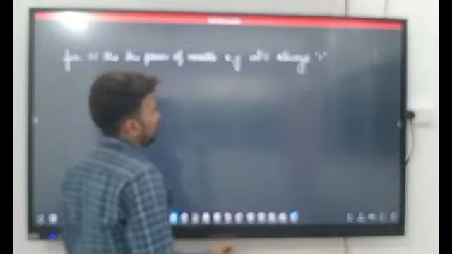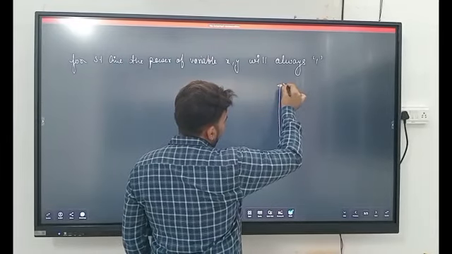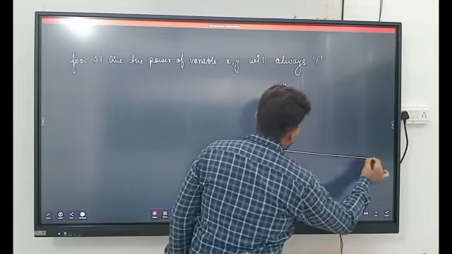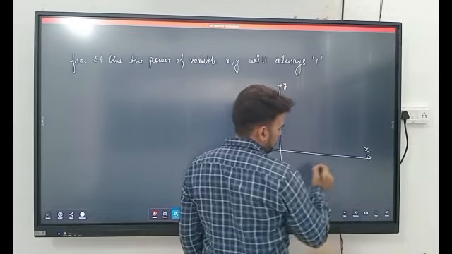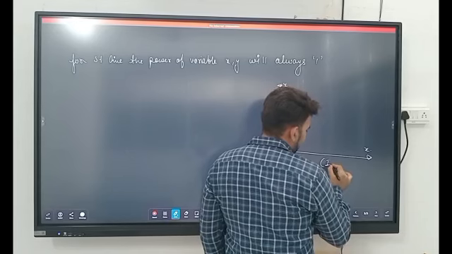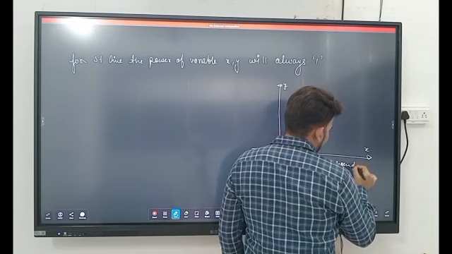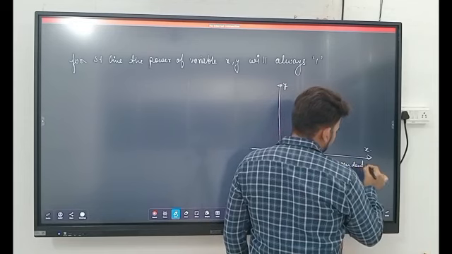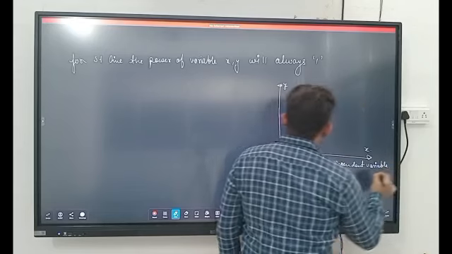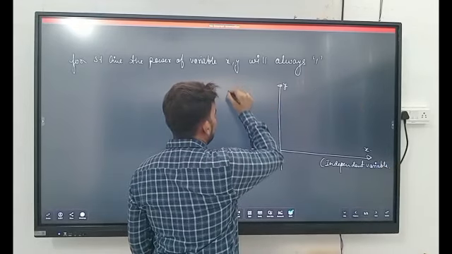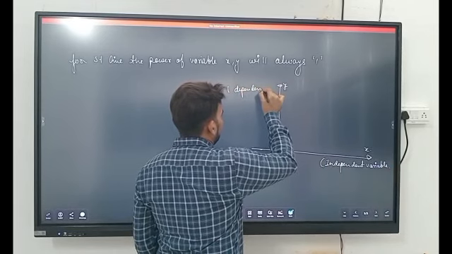And one thing more I want to tell you. Always remember that this is the y-axis and this is the x-axis. Got that? And this x-axis is termed the independent variable. What variable? Independent variable. And this one is known as the dependent variable.